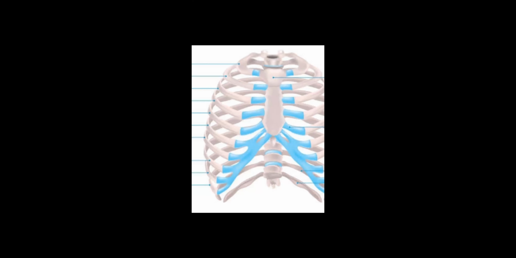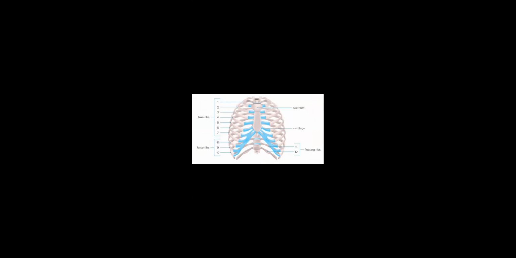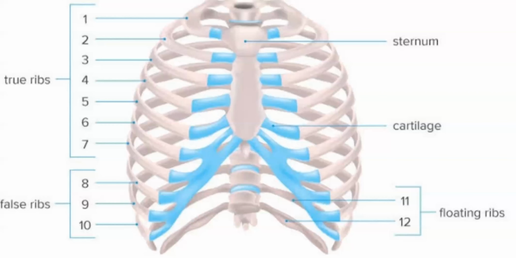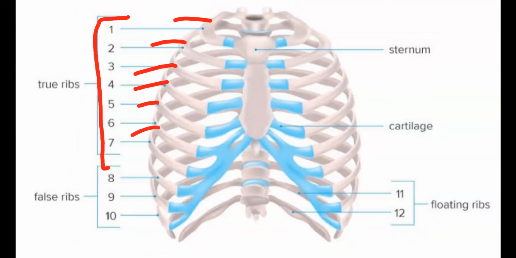There are 12 pairs of such ribs, out of which the first 7 pairs, 1 and 2 and 3 and 4 and 5 and 6 and 7, if you see carefully, this first 7 pairs of ribs, they all are directly attached to the sternum, यहाँ तक, with the help of cartilage.